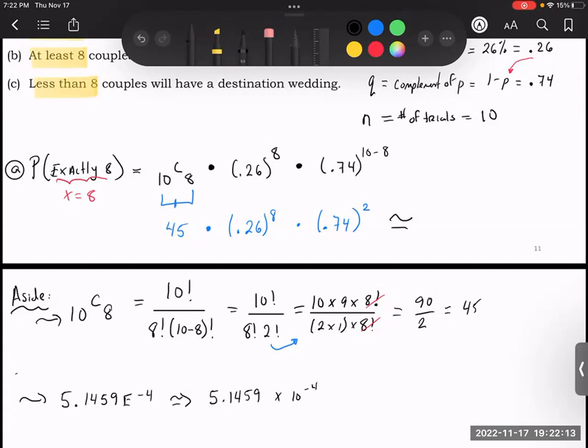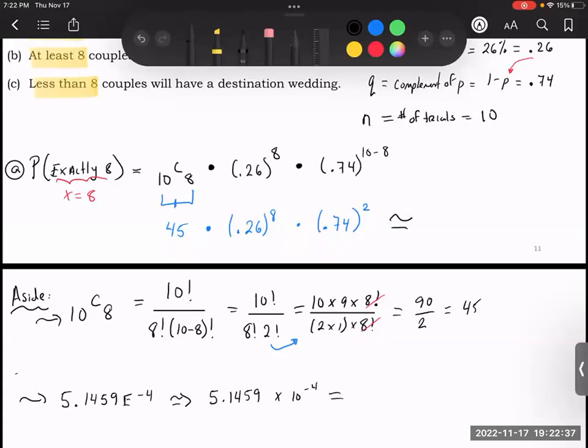It basically means that you move the decimal point 4 places, meaning that there should be 4 zeros in front of the 5. It's something called scientific notation. If you've seen it before, you know what I'm referring to. If you haven't seen it before, then it's probably the first time that we're looking at it.